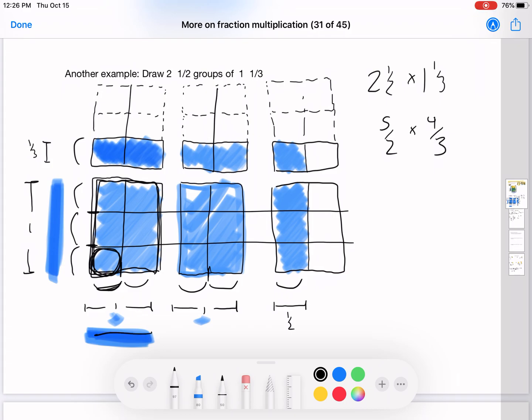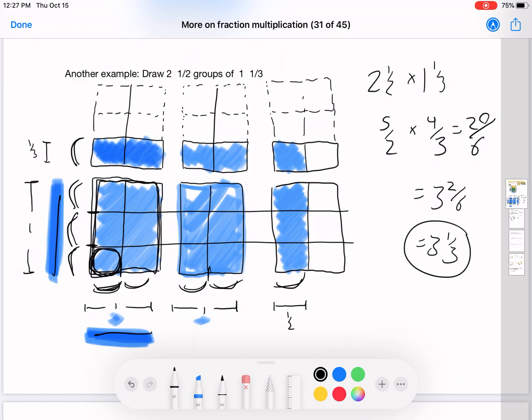We have 2 boxes by 3 boxes, so each box is a sixth. And how many boxes do we have? We've got 1, 2, 3, 4, 5 boxes going this way, and 1, 2, 3, 4 boxes going this way. So we have 20 total boxes, but each box is a sixth of a whole. What is that? 6 goes into 20 three times, since 3 times 6 is 18, with 2 left over, so 3 and 2/6, or 3 and 1/3.